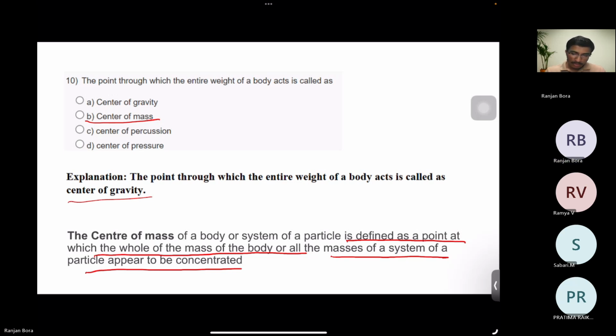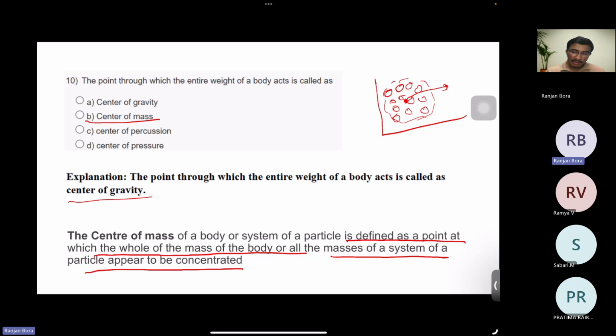So if there are masses in a reference system, then what will be the center of mass? Center of mass will be the point at which all these masses appear to be concentrated. This point is called center of mass.